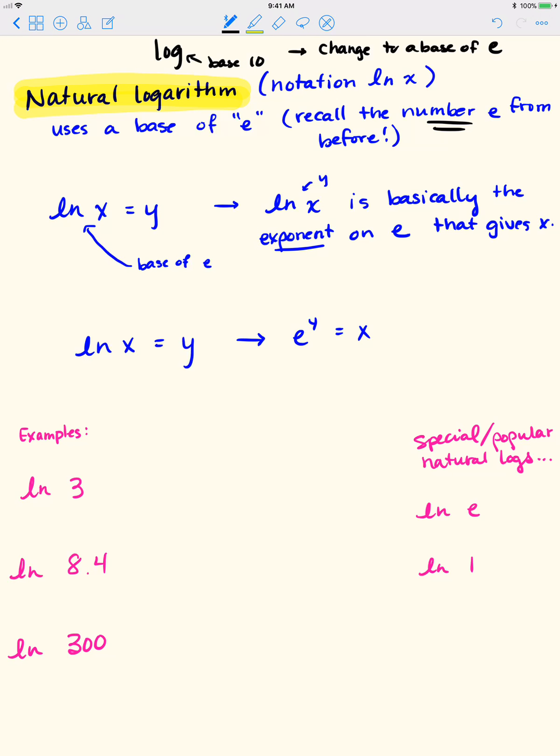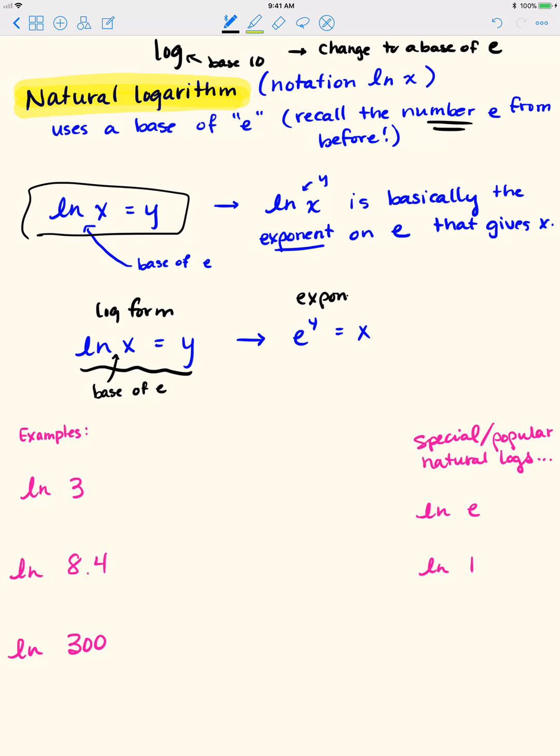If you take the natural log of a number equaling y, you're pretty much finding the exponent on e that would give you the number that you're taking the natural log of. So again, natural log of x equals y, where you have an understood base of e. This is in log form, the formula on the left, and the formula on the right is in exponential form.